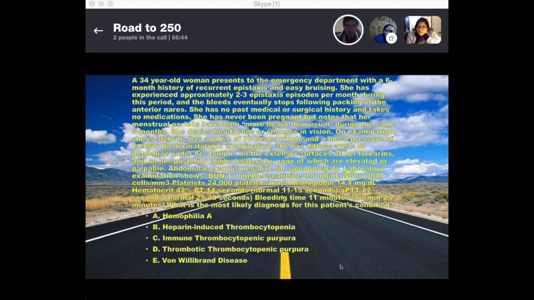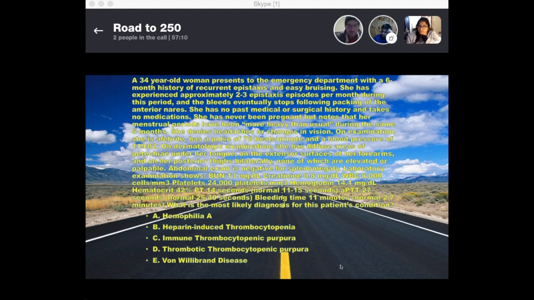On exam, she is afebrile, has a pulse of 78, BP of 119/82. On dermatologic exam, she has diffuse areas of petechiae under her tongue, on the extensor surfaces of her forearms, and on posterior thighs bilaterally, none of which are elevated or palpable. Abdominal exam is negative for splenomegaly.